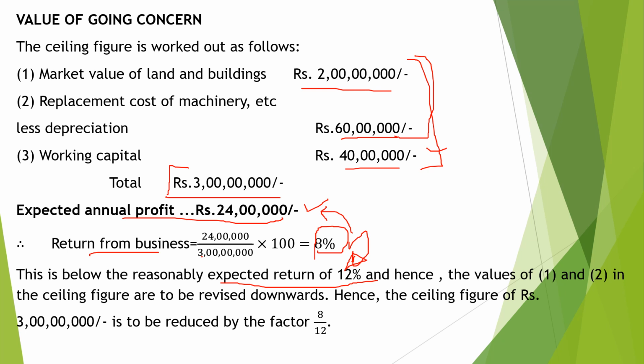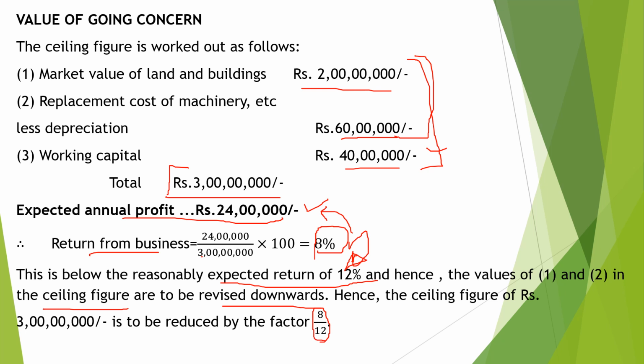If it is less than 12%, we have to reduce these two values, 2 crore and 60 lakh, proportionately. So we will reduce these values; this is called the ceiling figure. The ceiling figure will be revised downward. We will reduce it with the factor 8 by 12.